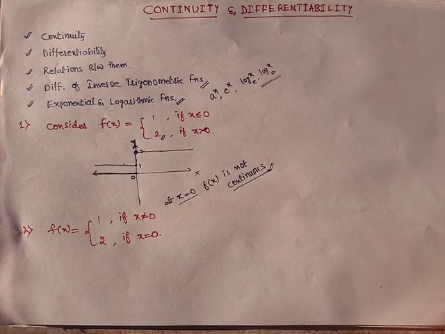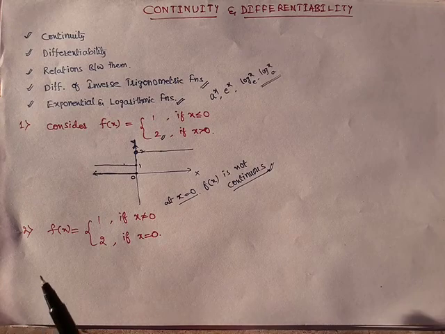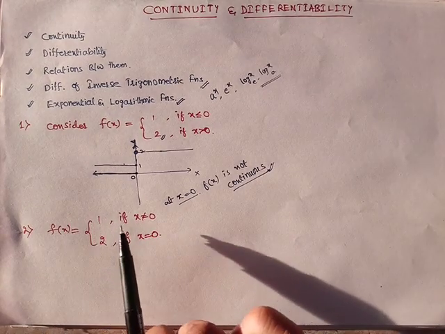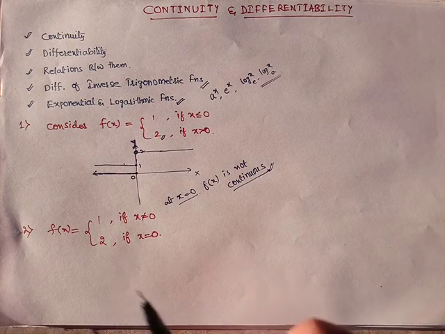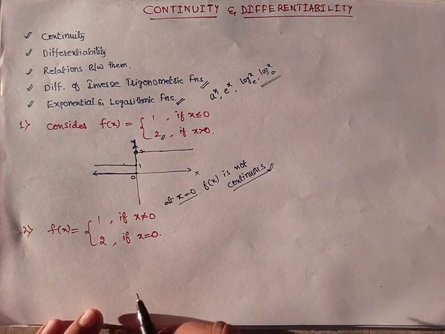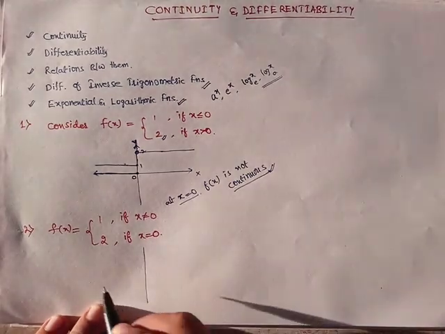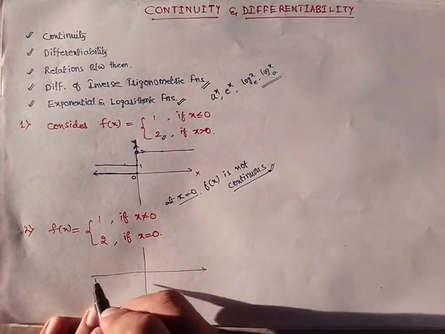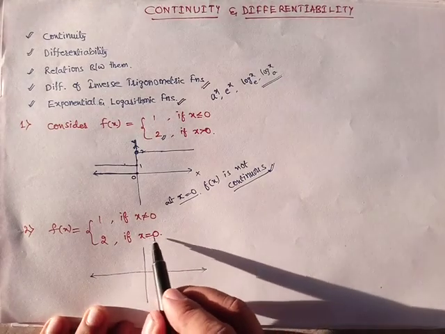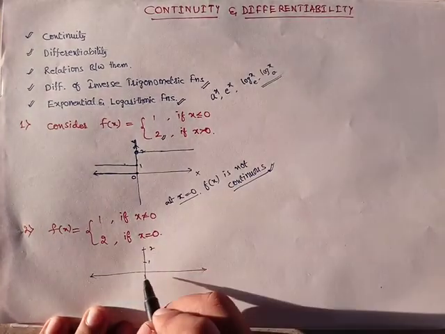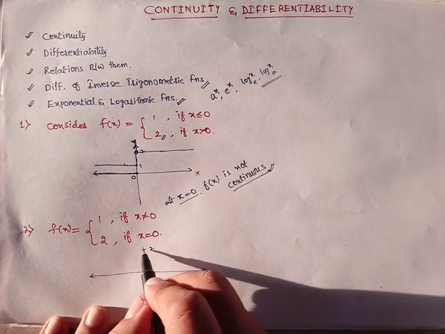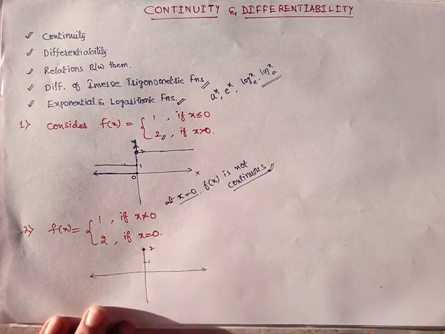We'll come to one more question. f(x) equals 1 if x is not equal to 0, 2 if x equals 0. Drawing the graph, at x equals 0 it is taking the value 2, that is the point.